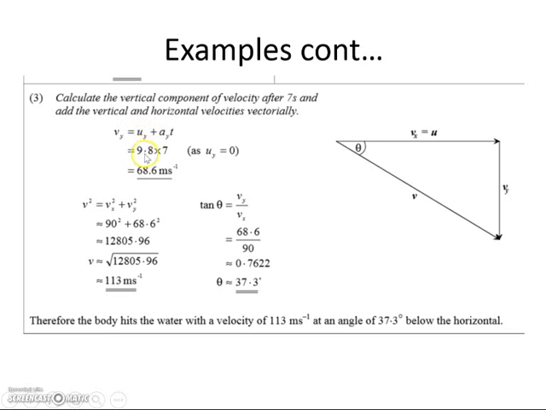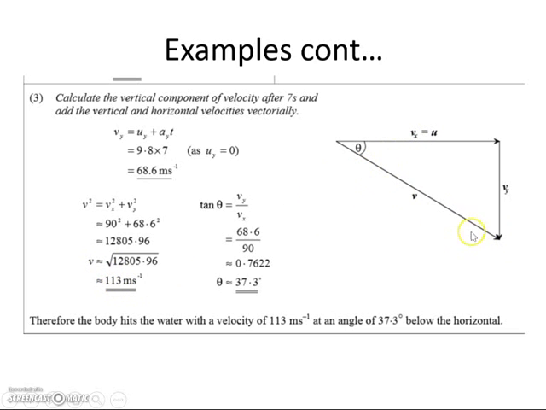So it becomes 9.8 times our time of flight, which was 7. That gives 68.6 meters per second as our v of y. Then we can use Pythagoras to find our final velocity, which we get as 113 meters per second.